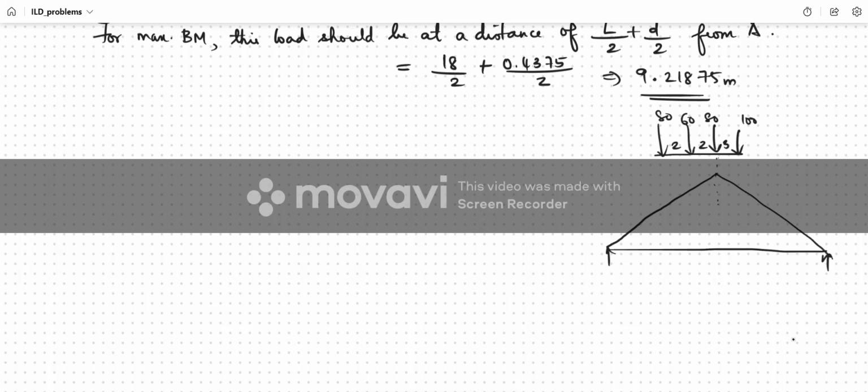Okay, this is the ILD, by the way. So this is the maximum ordinate, and from end A, it is placed at a distance of 9.21875, which you have already found out. Okay, so you can find 18 minus this, you will get 8.78125. You need not take so many decimal places; you can make appropriate approximations.